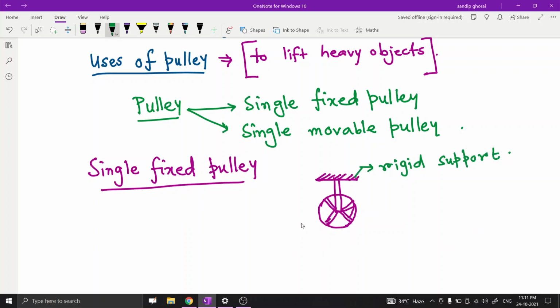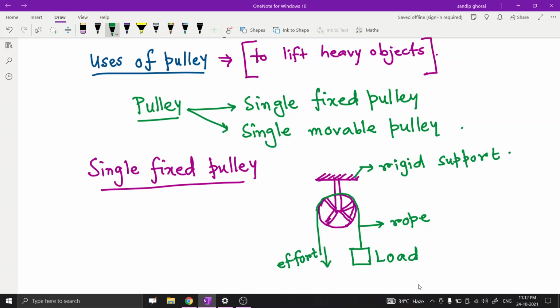While using this type of pulley, we pull the rope downward so that the load moves upward. We draw a rope through this pulley, and a load is connected to one end of the rope. This is your load, and this is the rope, and at the other end we apply effort.